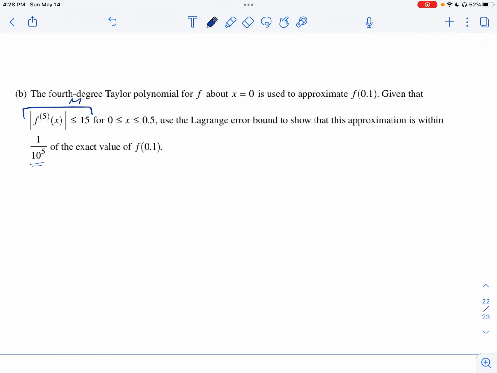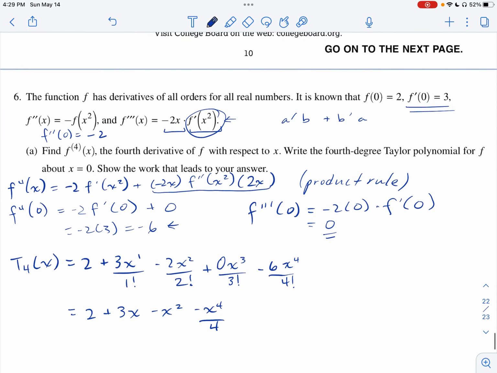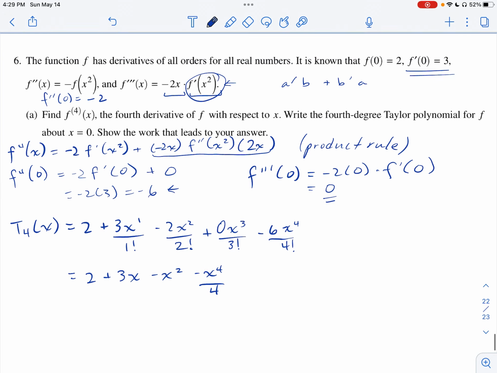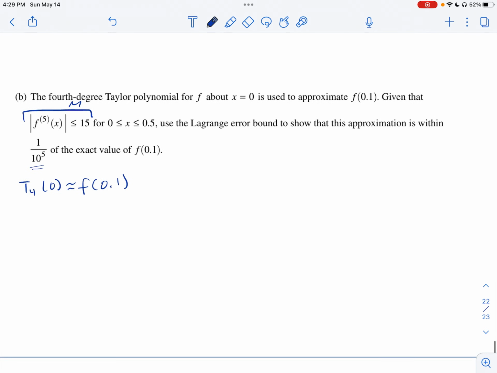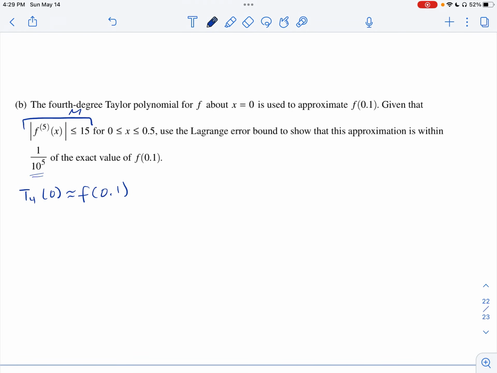We're going to say, all right, our fourth degree Taylor polynomial evaluated at 0.1 is going to be approximately equal to f of 0.1, since we're using it to approximate f of 0.1. And so we know based on what's given to us within the original problem that f of 0 is equal to 2.